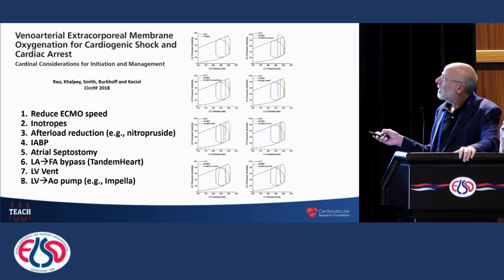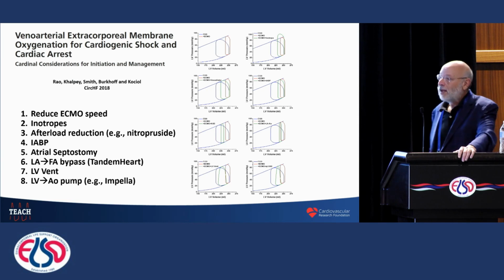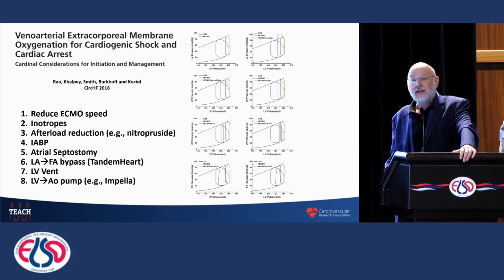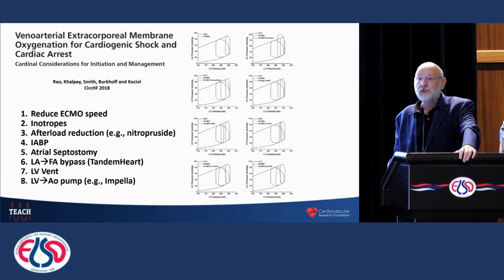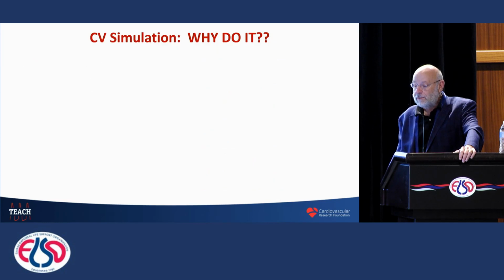So you see here there are eight different strategies that we considered. You see that they can all have different effects on the ventricle, and I think it is relevant to understand the relative advantages and also the limitations of each of these, and in which clinical setting one might be interested in using one or the other.